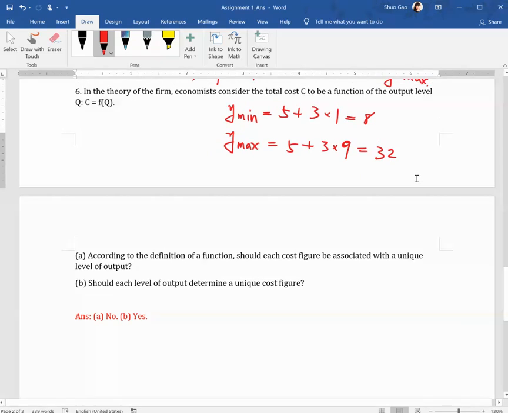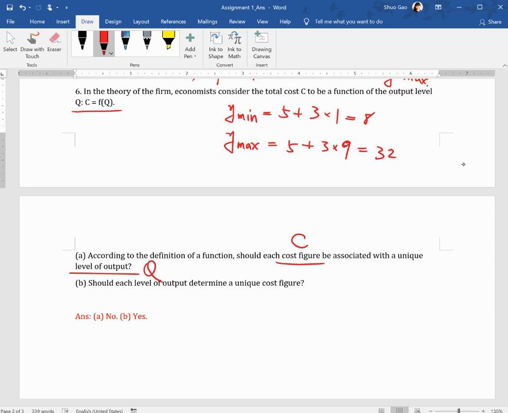Question 6. In the theory of the firm, economists consider the total cost C to be a function of the output level. So C is a function of Q, right? And A, according to the definition of a function, should each cost figure, that means each C, be associated with a unique Q, right? Q is a level of output.